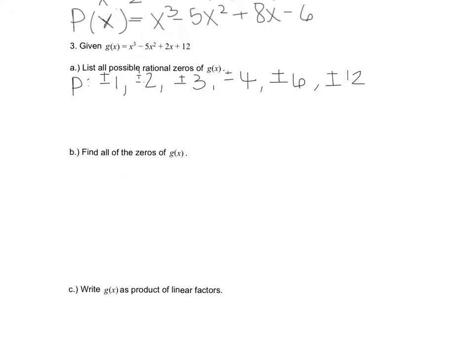Q is all of the factors of our leading coefficient, which is 1. And the only factors of 1 are 1. So Q is plus or minus 1.